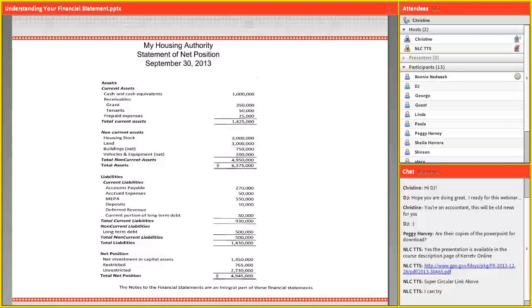Okay, let's talk about the liabilities. We've got current liabilities, first of all. Accounts payable. That's always something that's going to be current because it's your vendor expenses that you've already incurred. You have to pay these bills.